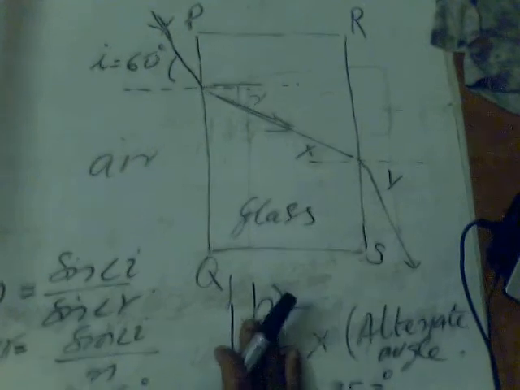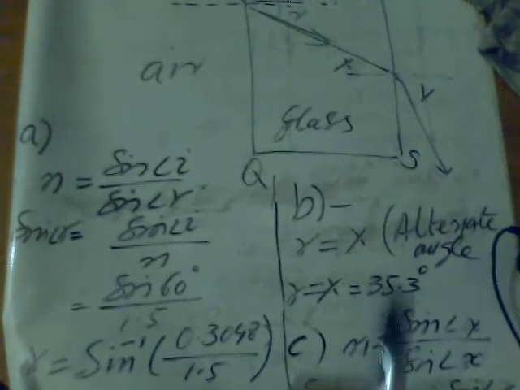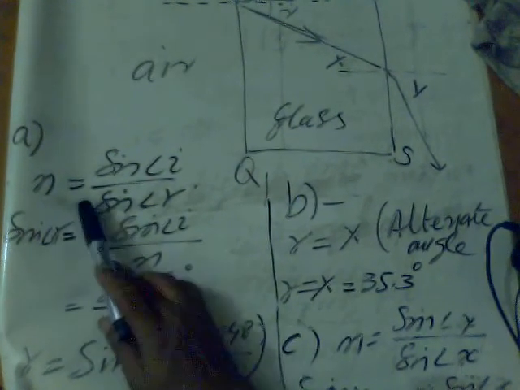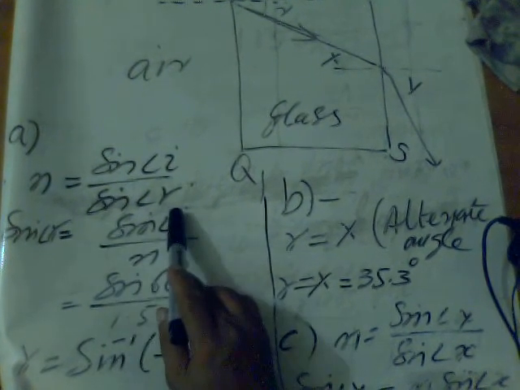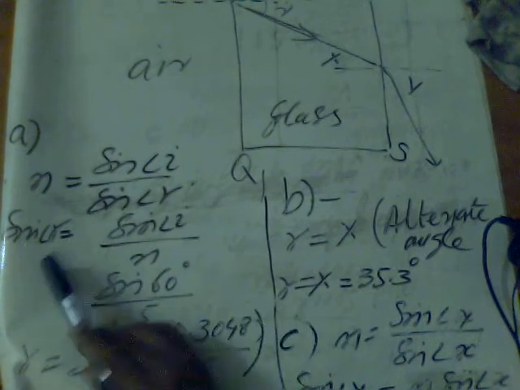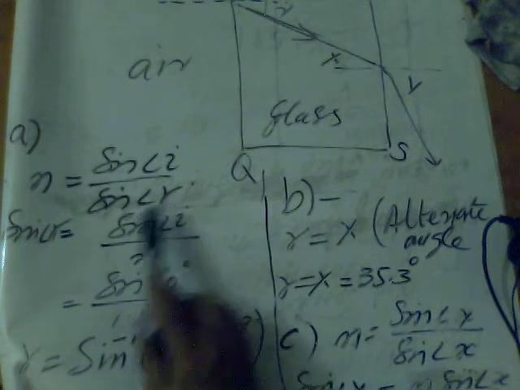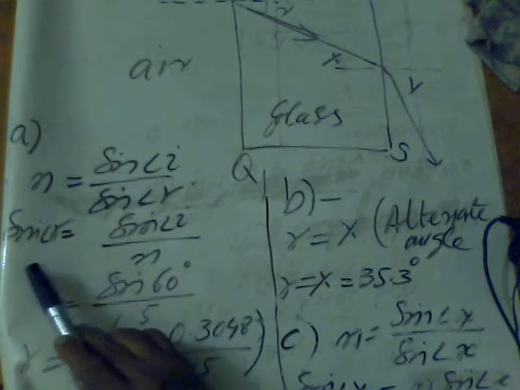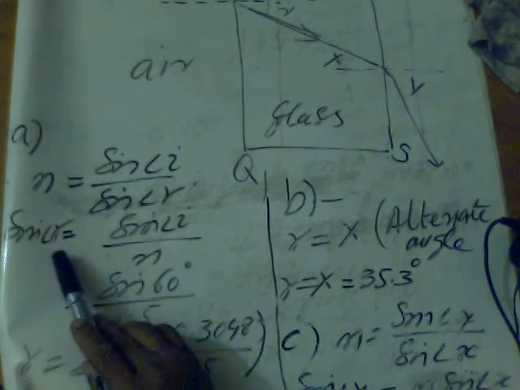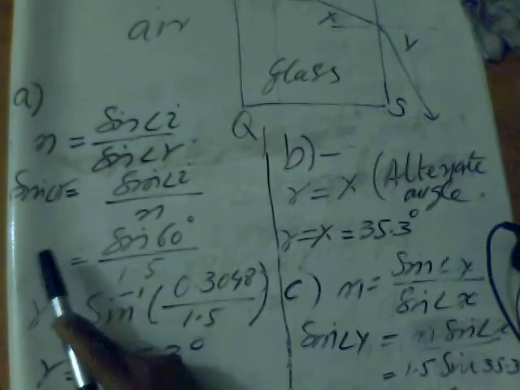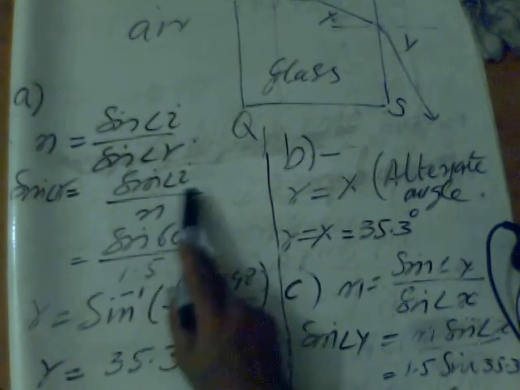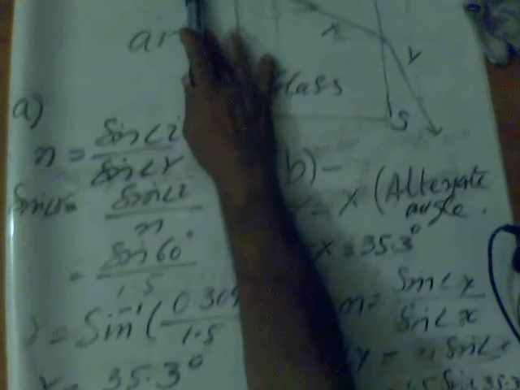Of course, you have studied the formula that the refractive index equals sine angle I divided by sine angle R. So we have to find sine angle R. We will rearrange the equation and it will become sine angle R equals sine angle I divided by n, the refractive index.